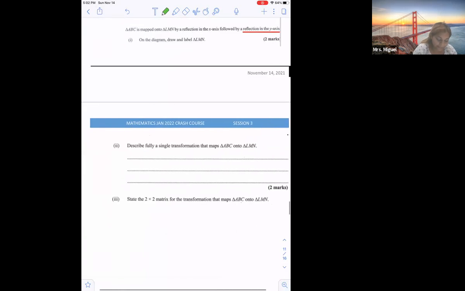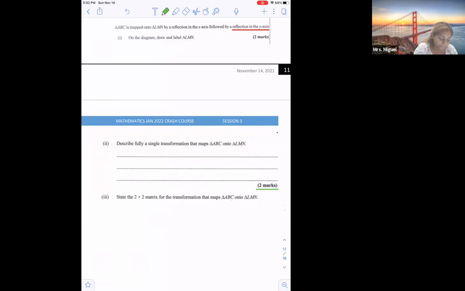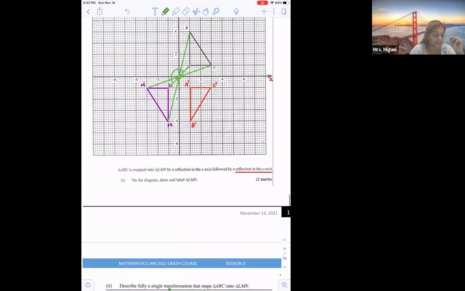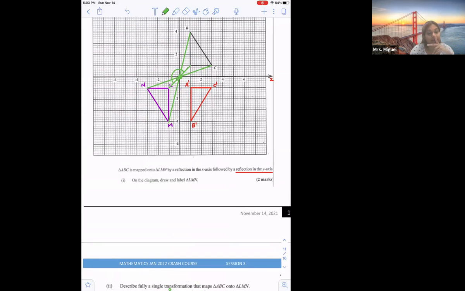So 2 things again. It is a 180 degrees rotation about the origin, which is 0, 0. So it's 2 marks, so which means you have to write 2 things. You have to give them the center of rotation, and you also have to give them the angle.